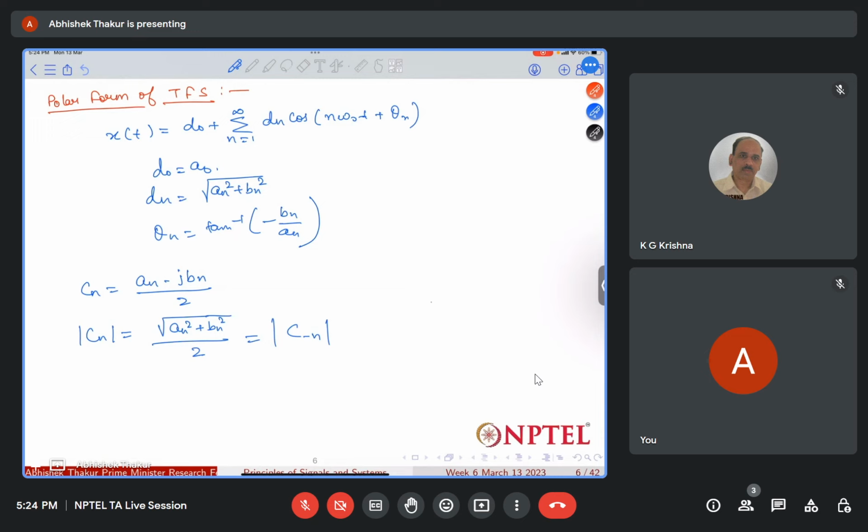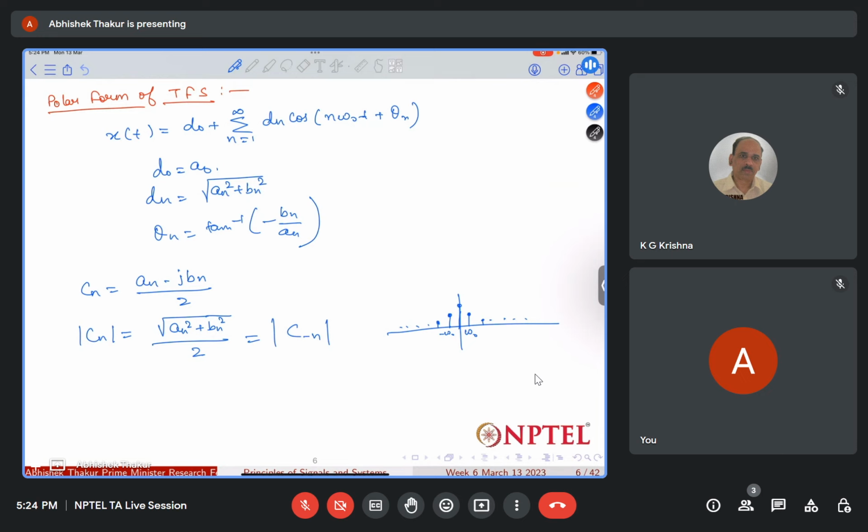So the magnitude spectrum has even symmetry: at omega naught, if there is some value, at minus omega naught it will be equal, because of the even symmetry.